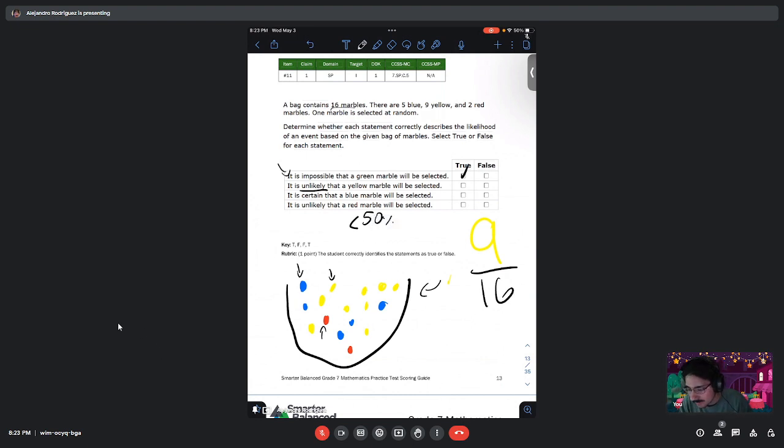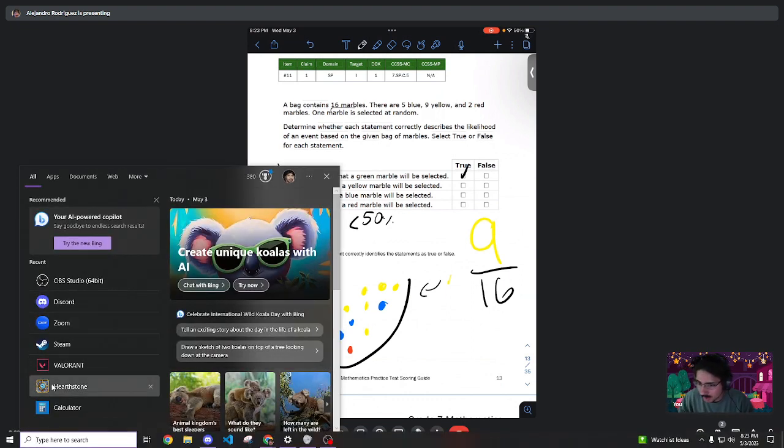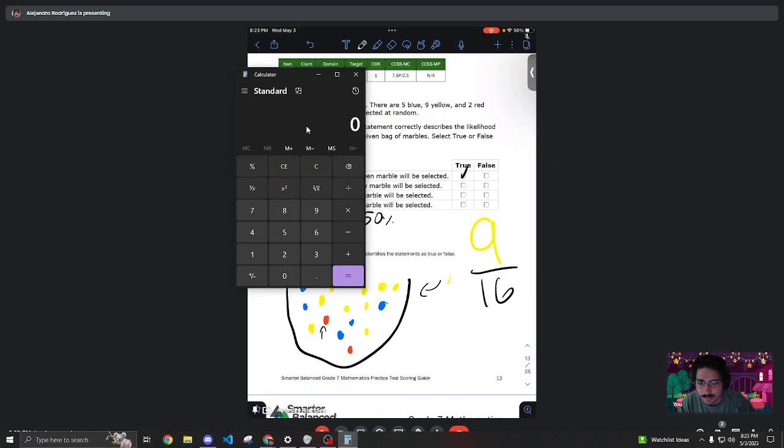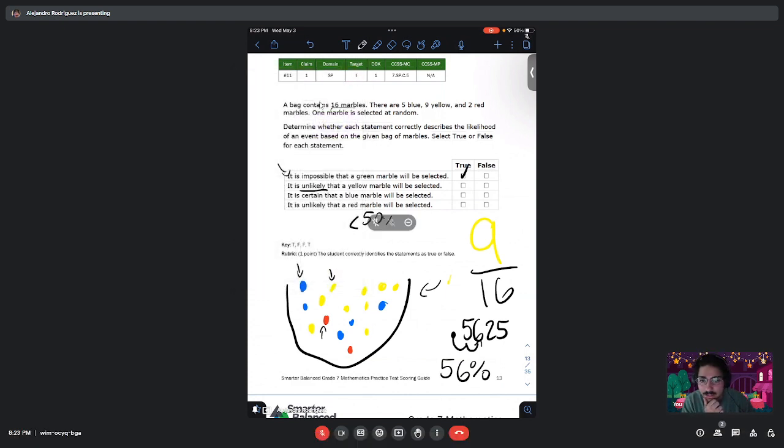If I convert that into a decimal, let me use a calculator to save us some time. 9 divided by 16 is equal to 0.5625, which if I convert to a percentage by moving the decimal 2 times to the right, is about a 56% chance of picking a yellow marble.